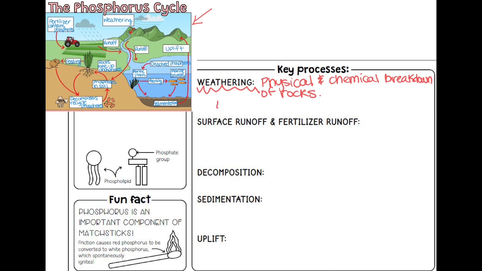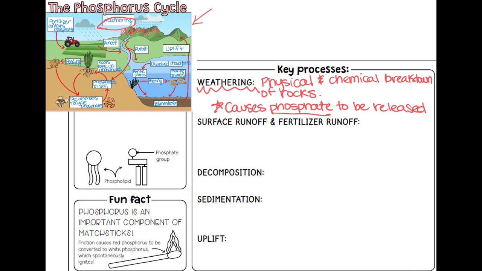Okay, so what this does is causes phosphate to be released. All right, so weathering happens up here, all the way up in mountainous areas. You have rain coming down and breaking up all of our rocks, and it's going to release those phosphate ions.